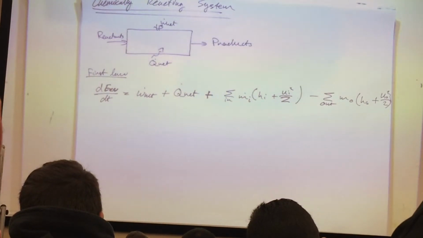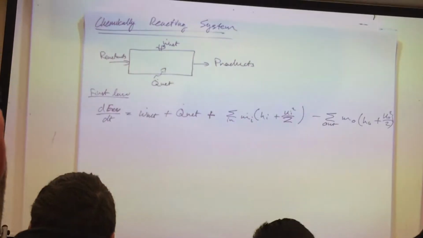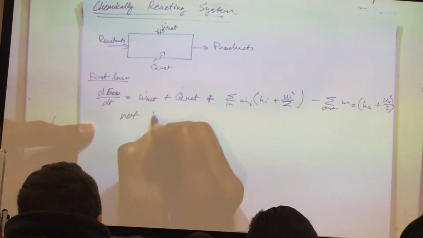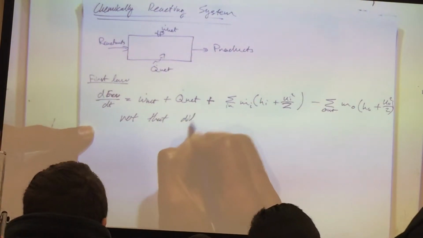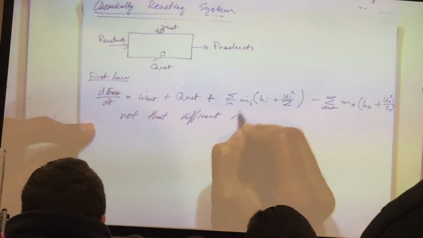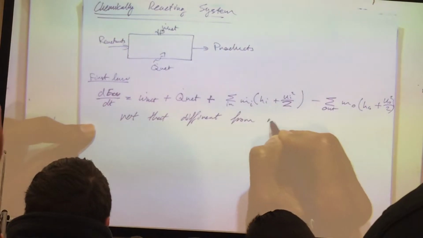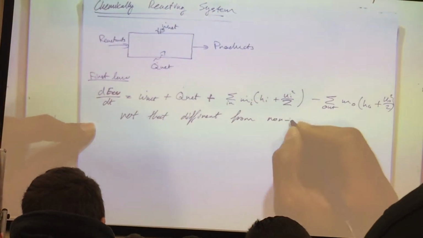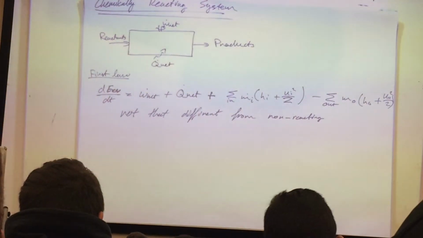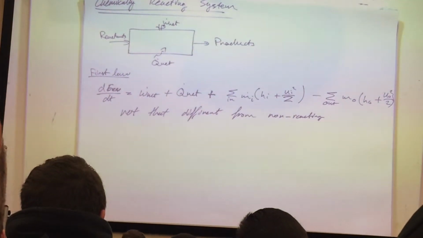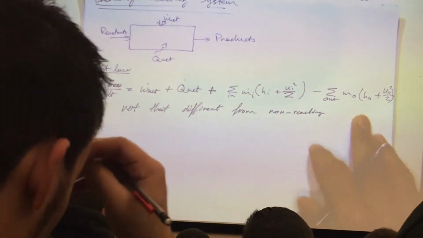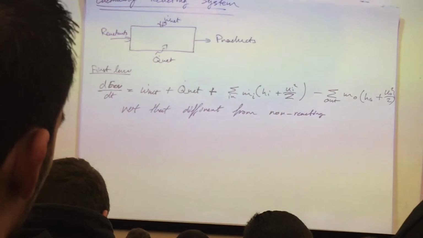So if this is a reacting system, it's the same exact process that we've done for non-reacting. Not that different from non-reacting. So it's the same principal equations. All the fundamentals that I need, I already know. The difference comes from the enthalpy.